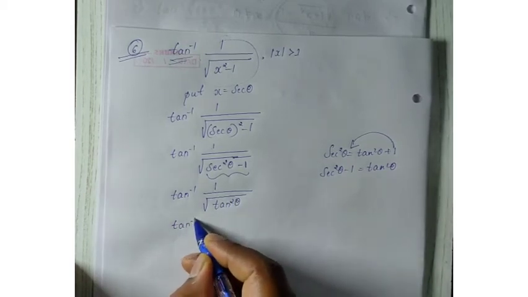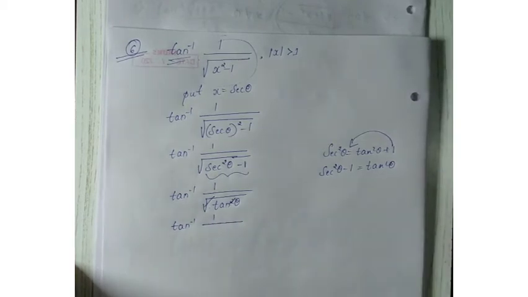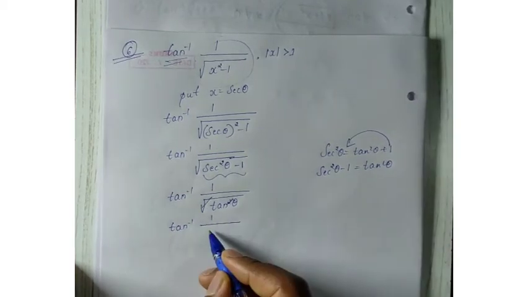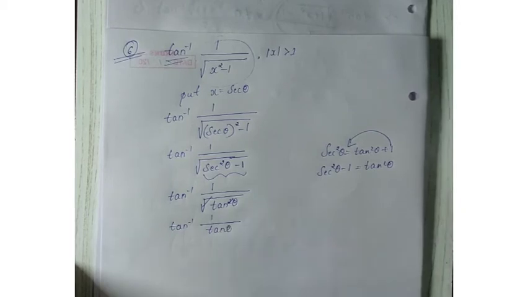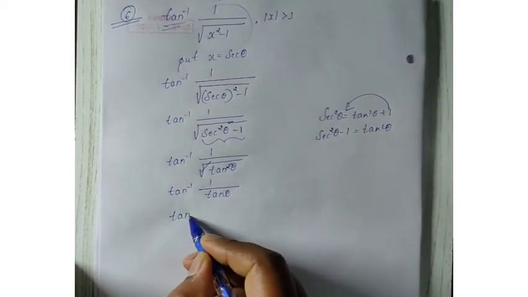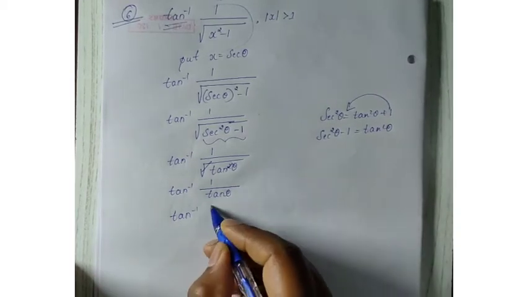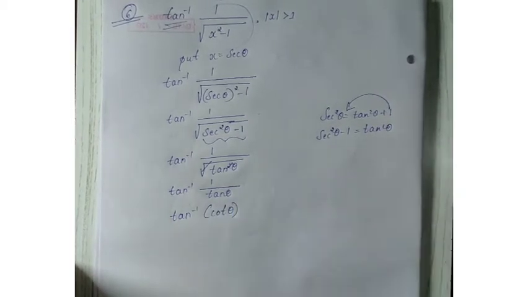Anyhow, this square root and this 2 will get cancelled. Therefore, tan inverse 1 divided by tan theta, and 1 by tan theta is nothing but cot theta, right? So instead of tan theta, we have ended up with cot theta.